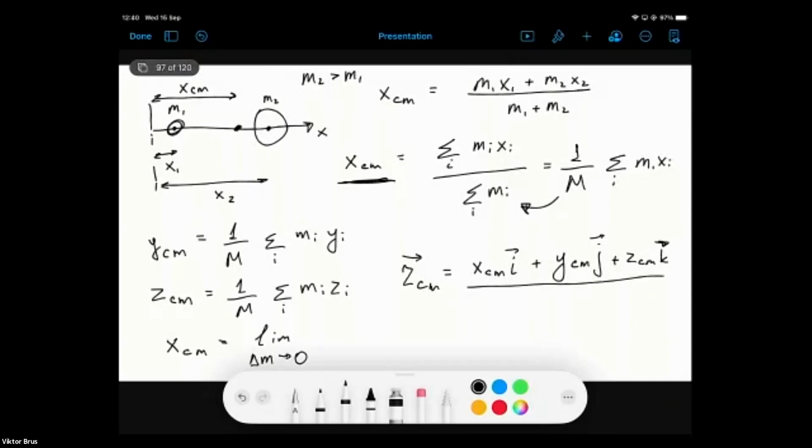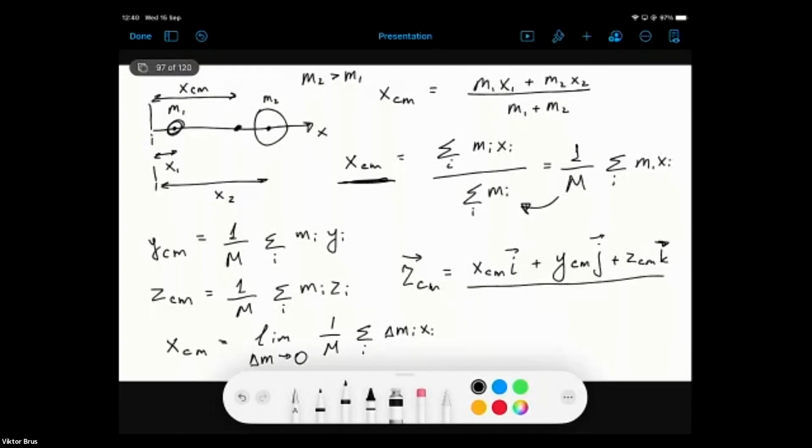of this equation: 1 over the total mass of the continuous body, sum of delta mi times xi. Each of these small volumes of the continuous body will have a certain coordinate along axis x, and we will have the product of this small mass delta mi and its position.